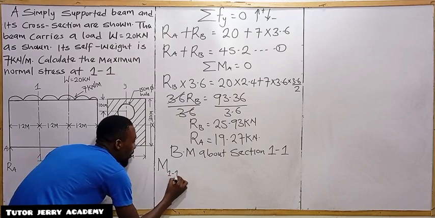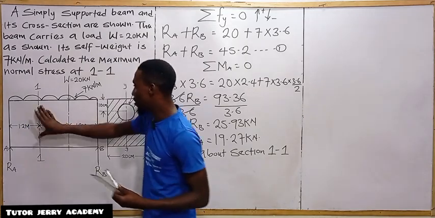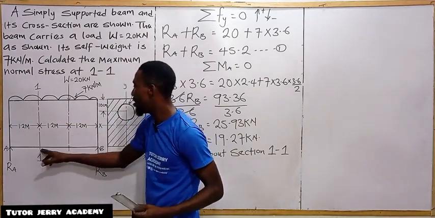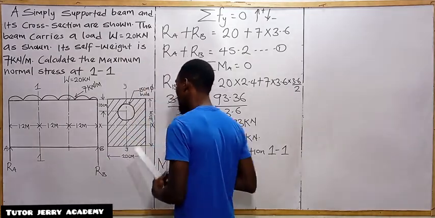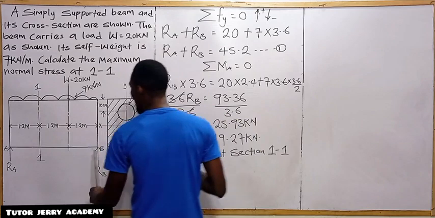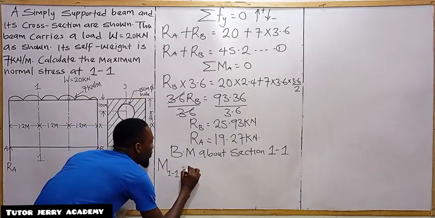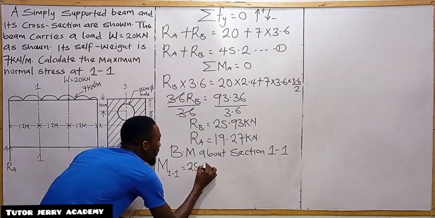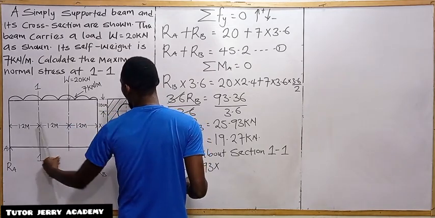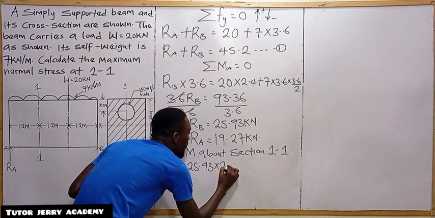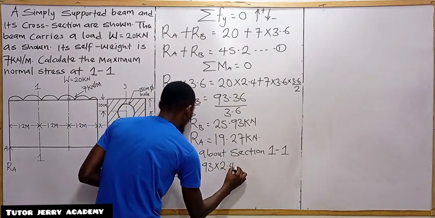You can stand here and take your moment towards this side, or you can take it towards the other side. Let's take it towards this side. So we are going to have RB multiplied by the total distance here. Our RB is 25.93, multiplied by the total distance from here to here, which is 2.4, plus what?